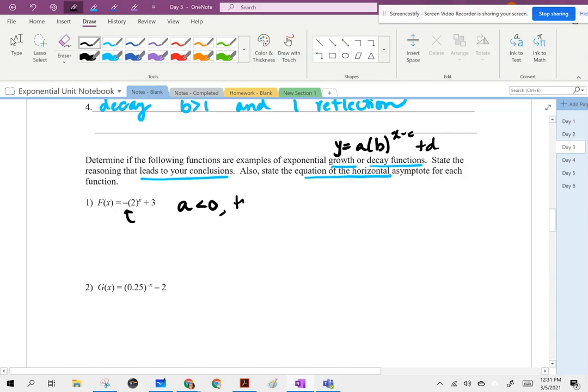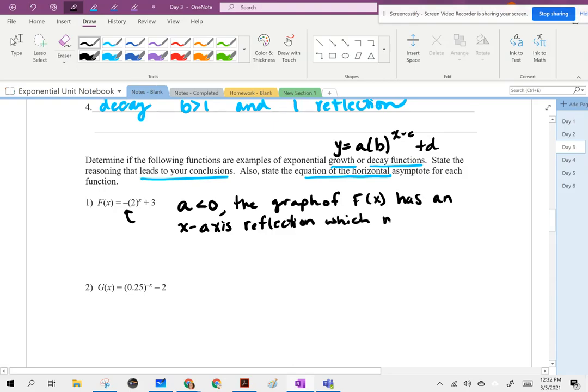So the graph of f of x has an x-axis reflection, which means the graph will be below the horizontal asymptote of y equals 3.